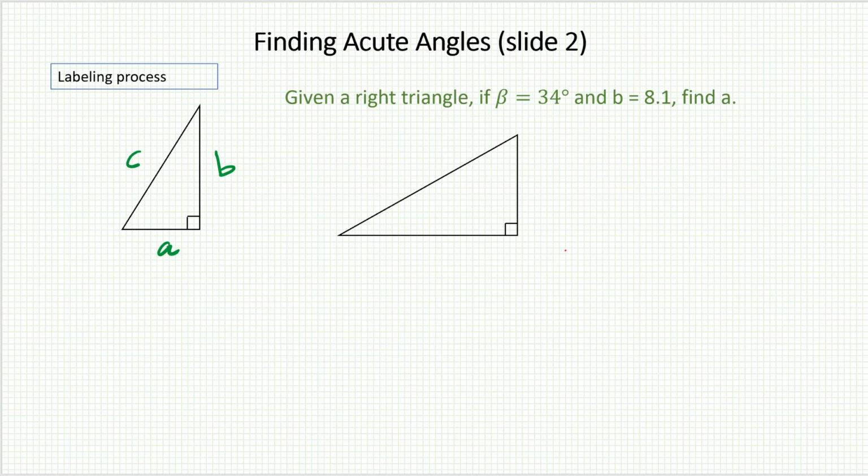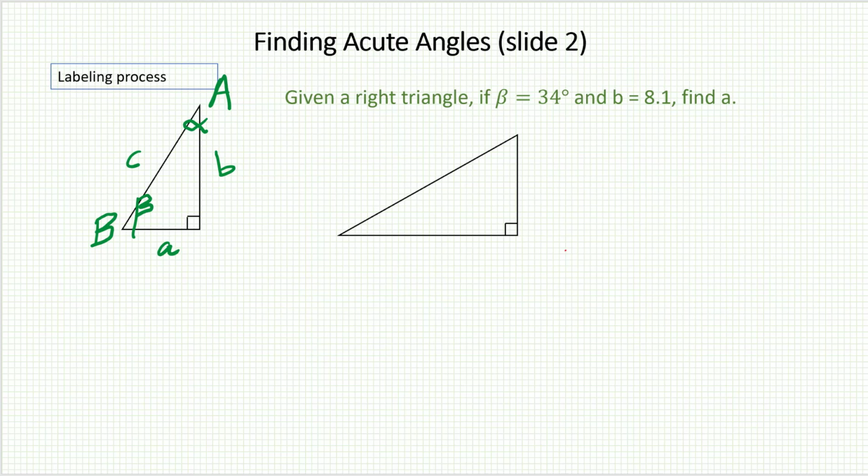For the other 2 angles, the angle opposite side A is either called capital A or angle alpha. The angle opposite side little b is often called capital B or angle beta. You'll see both of those things.